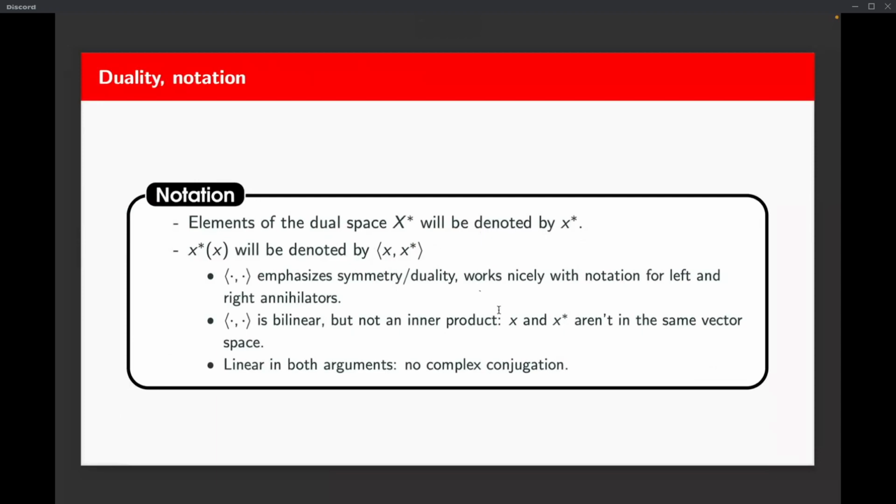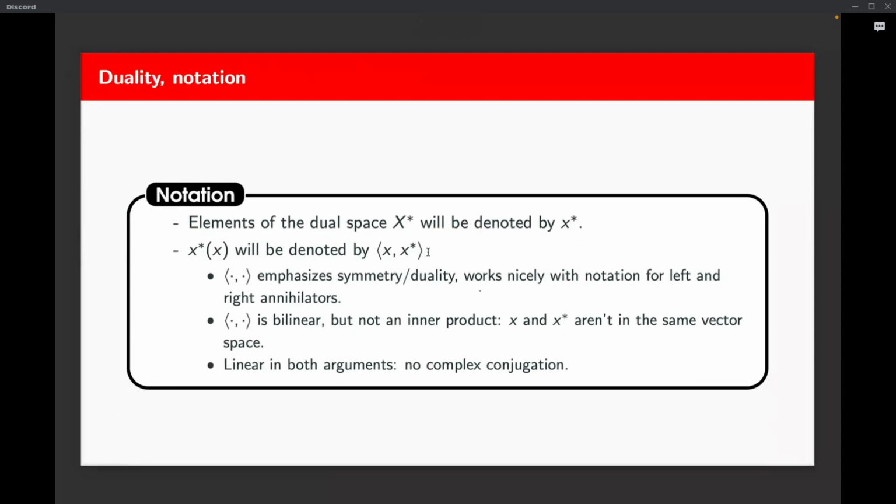I just made a note here. This is different from an inner product for a couple of reasons. First of all, x and x star are not elements of the same space, so it's certainly not an inner product. But also, it's not conjugate linear in its second argument. It's linear in both. And that's, I guess, not only a Rudin convention; I guess that's the standard Banach space convention.